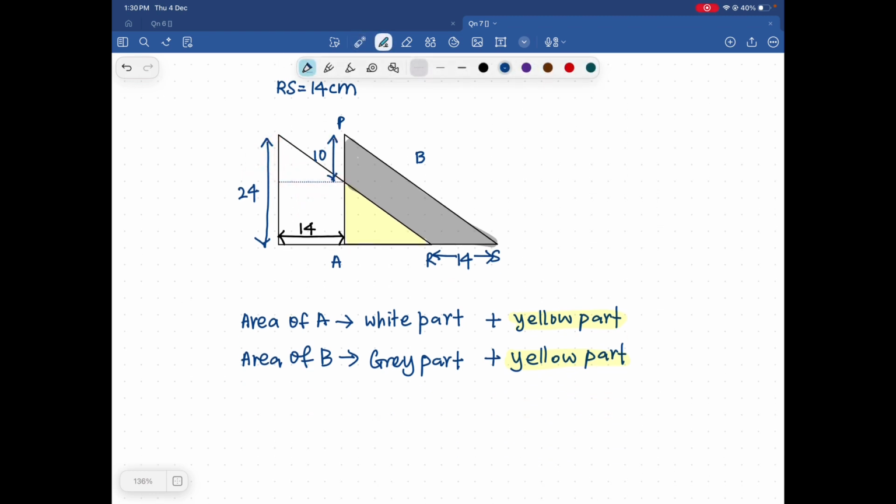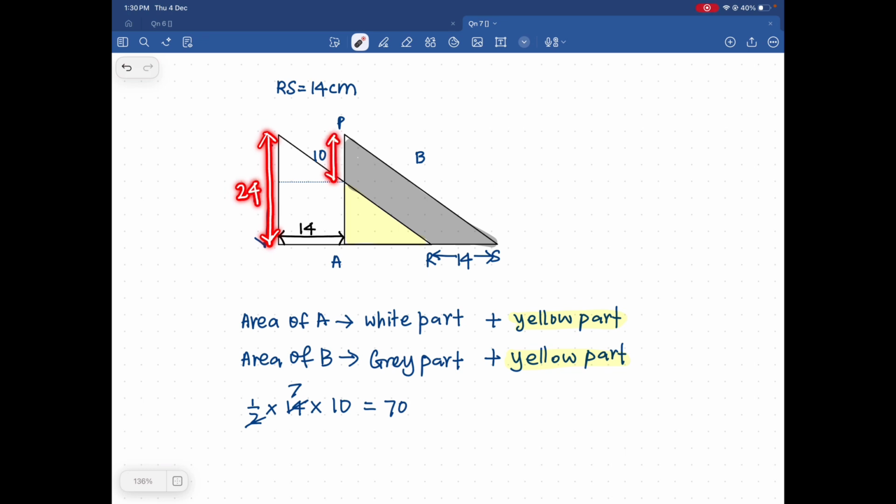So the area of the white triangle will be half times 14 times 10, which is 70. And the bottom part is actually a square. How do I know it is a square? It's given that this height is 24, and since this is 10, I can tell that this part is 14. So I take 24 minus 10 to give me 14.